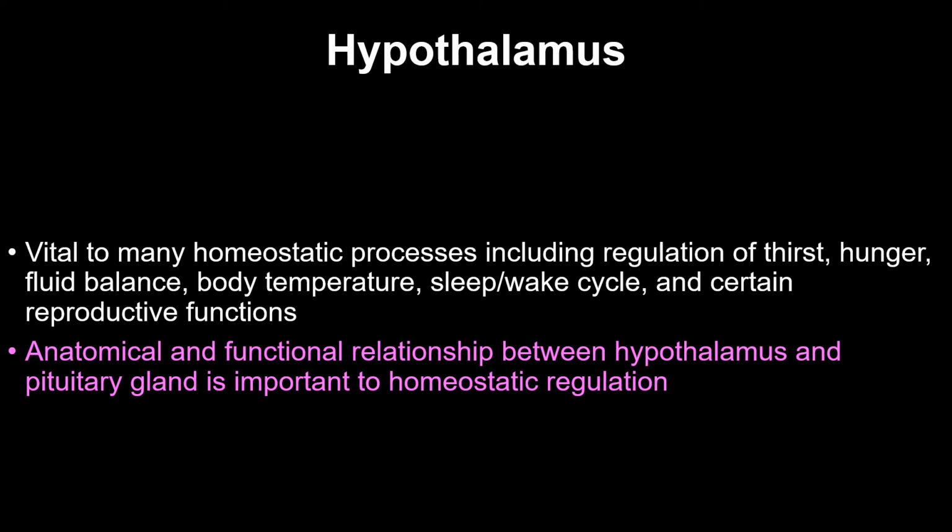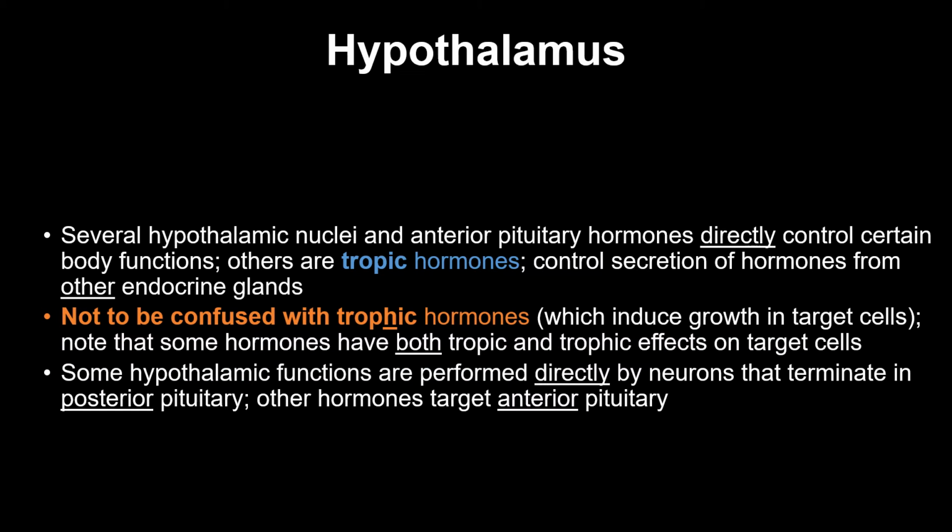And so the hypothalamus works closely with the pituitary gland, sharing that close anatomical as well as physiological relationship. Several hypothalamic and anterior pituitary hormones directly control certain body functions, whereas there are others called tropic hormones, meaning that they control hormone secretion from other endocrine glands.